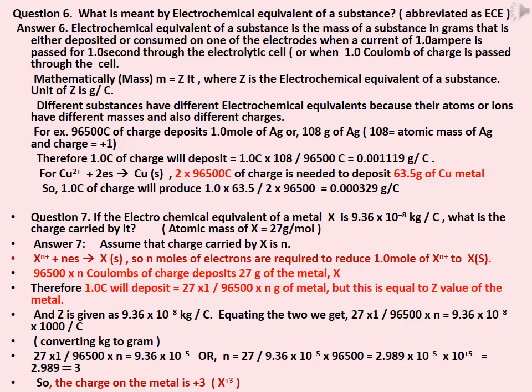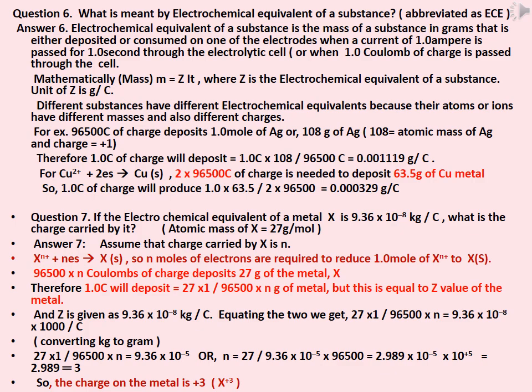Therefore, Z value depends on the nature of atoms or ions that get deposited on the electrodes. Second factor, different charge carried by the ions. The Z value also depends upon the charge carried by the atoms or ions. So that's about characteristic features of Z.